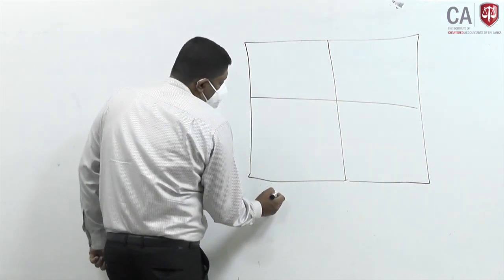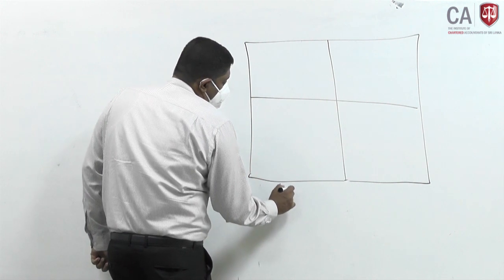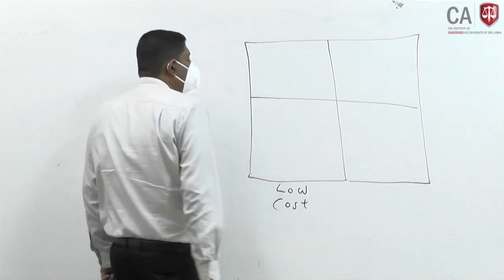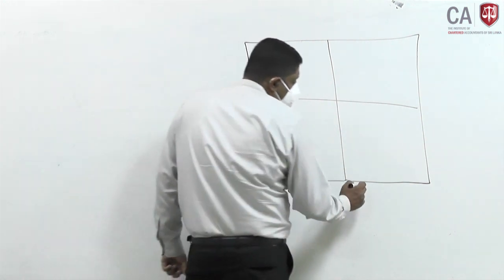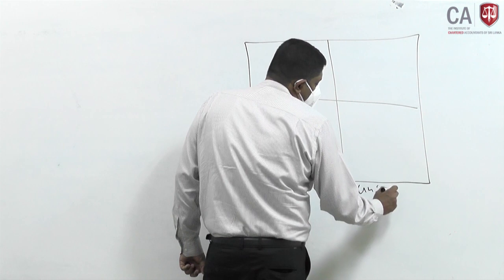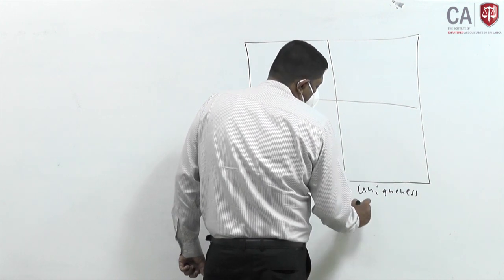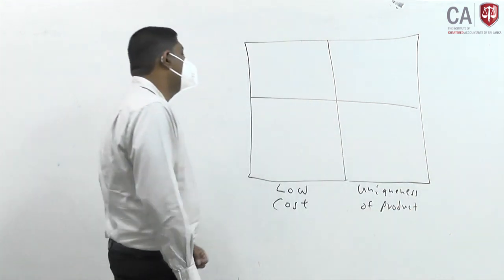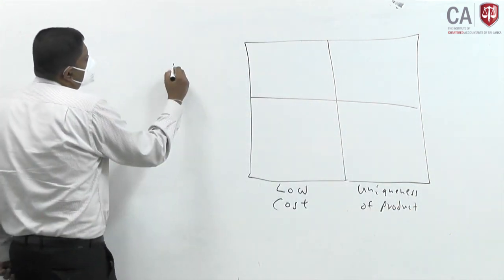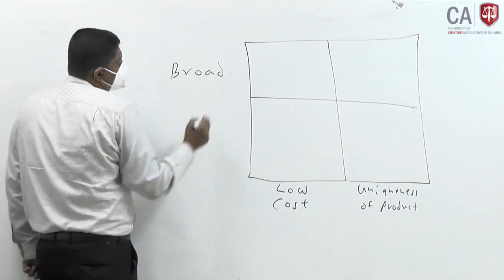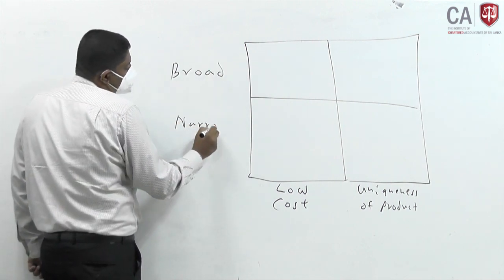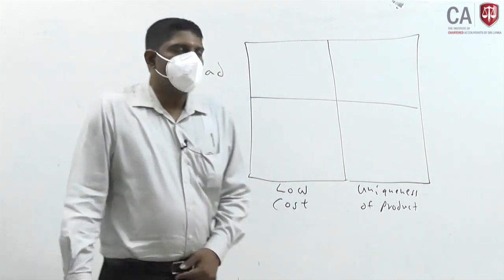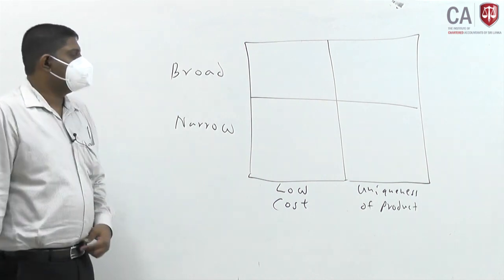So, one area is to offer the good at a low price, or produce the good at a low cost. The other is that you focus on the uniqueness of the product. So, you have two market options, a broad market option and a narrow market segment option.